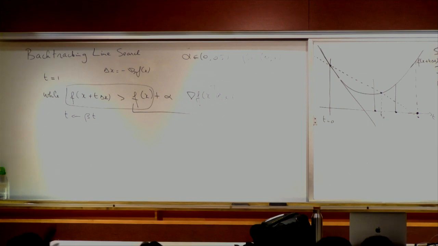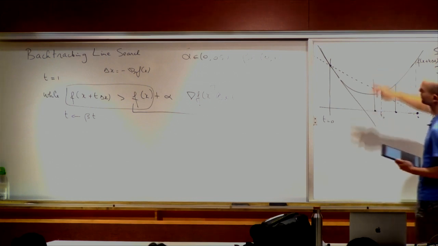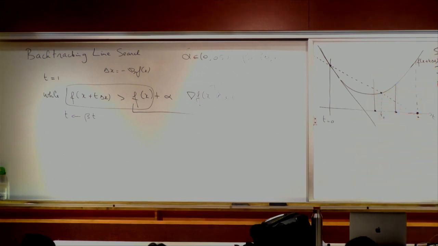Any questions about this? Yes? Why is alpha between 0 and 0.5? Why isn't it like 0.8? It's a good question. I don't remember for sure. I suspect there are some guarantees that depend on it if you build on top of this, but I'm not 100% sure. Beta is usually chosen pretty close to 1, like 0.8 or 0.9 in practice, such that whenever possible, you take relatively large steps.